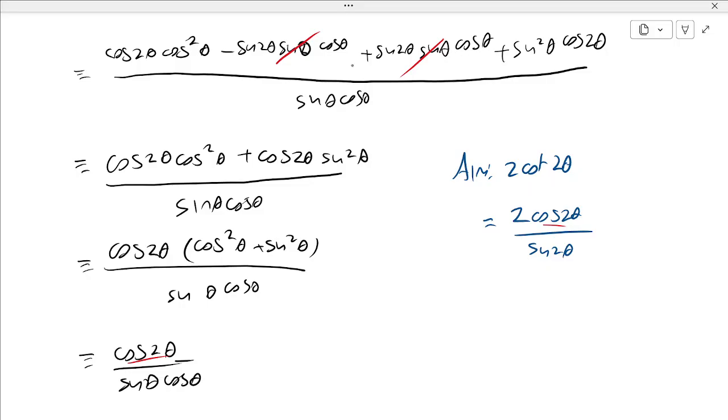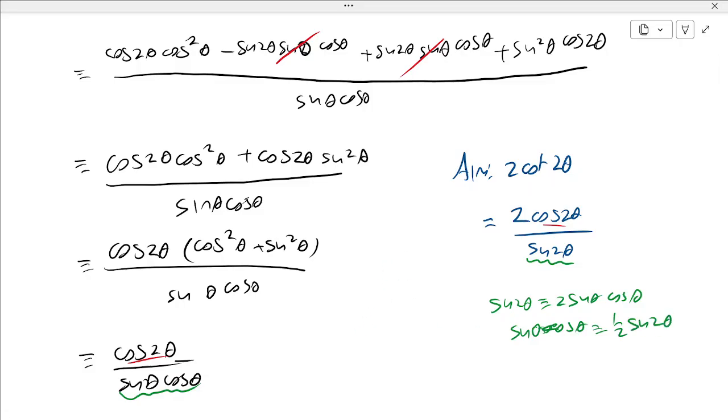And you should be able to recognize, if you know your formulae well enough, that on the bottom I have sine theta cos theta, and over here I have sine 2 theta, and we know those are related, right? I know that sine 2 theta will be 2 sine theta cos theta. It's often quite helpful to rearrange this and just get sine theta cos theta by itself. That's going to be 1/2 sine 2 theta.